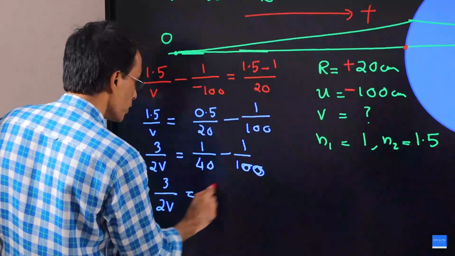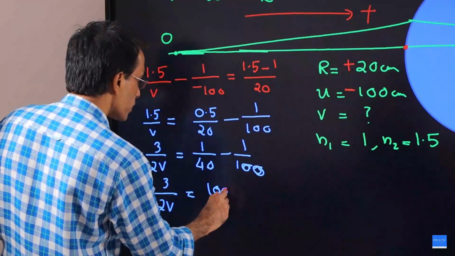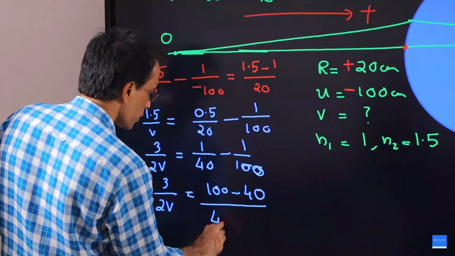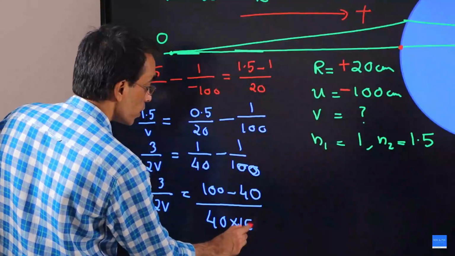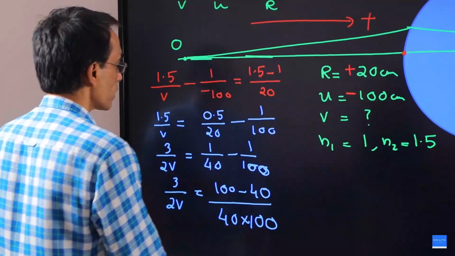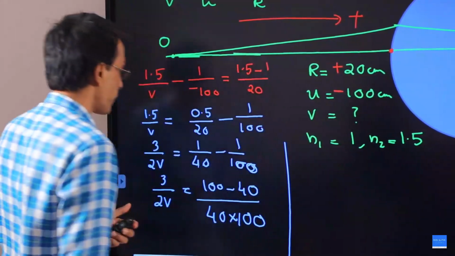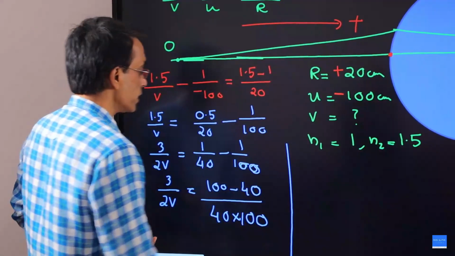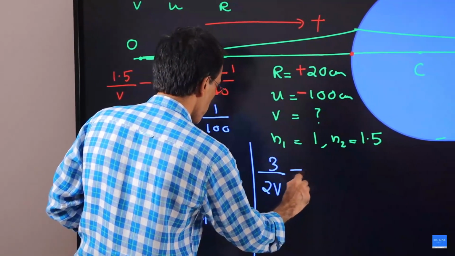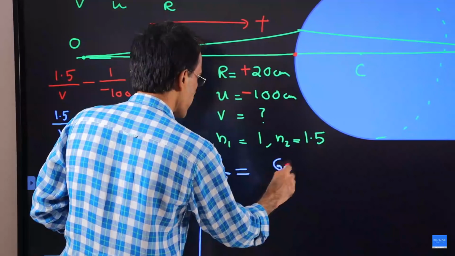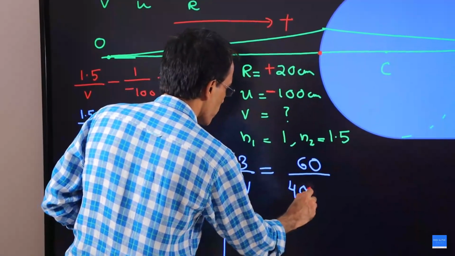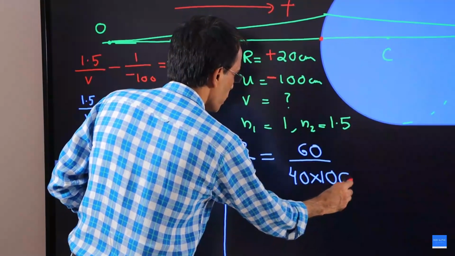So this will give you 100 minus 40 divided by 40 into 100. This gives me 3 by 2V equals 60, 100 minus 40 by 40 into 100.